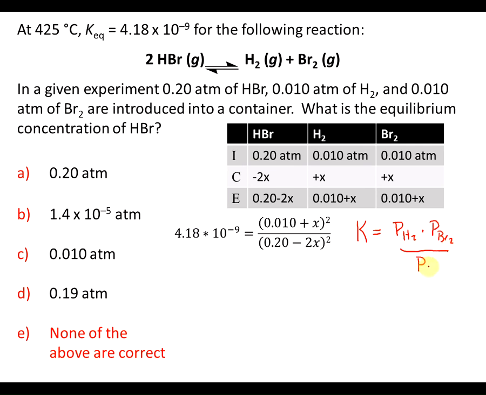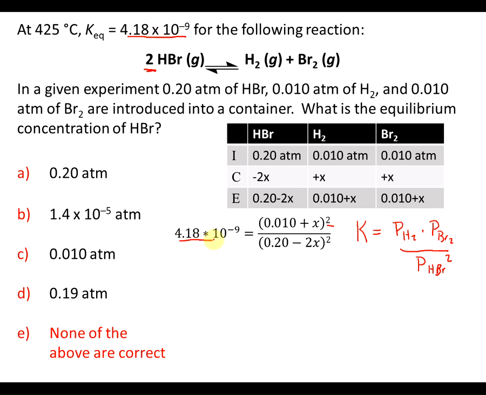And remember, that's got to be squared because of this coefficient of 2 up here. And because the pressure of the H2 and the pressure of the Br2 are the same, we can simply square that, the 0.01 plus x squared. And they gave us the Keq, the 4.18 times 10 to the minus 9. So that's where this value comes from.